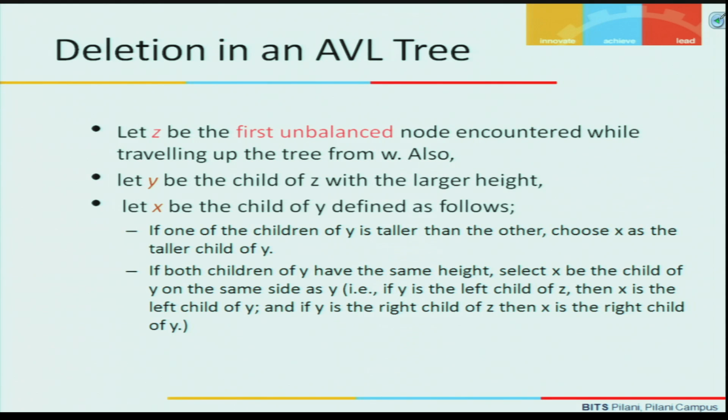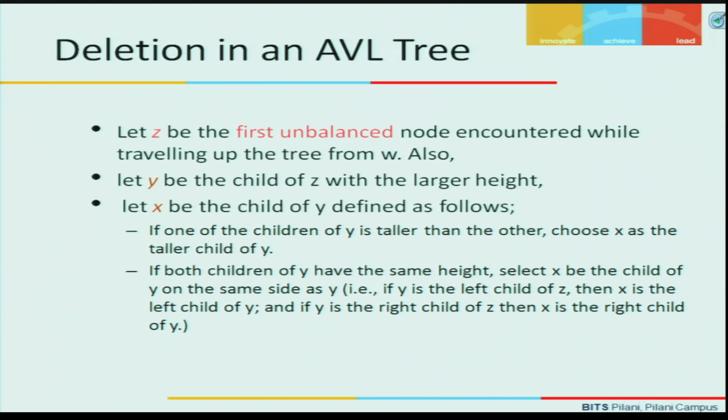We will call z the first unbalanced node encountered while travelling up the tree from w. w is the node which has been deleted. So, we travel from that up to the root and mark the first node where the height property is violated as z. We mark y as the child of z with the larger height, and x is going to be a child of y, defined as follows.